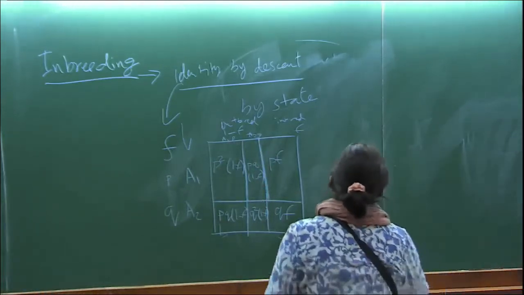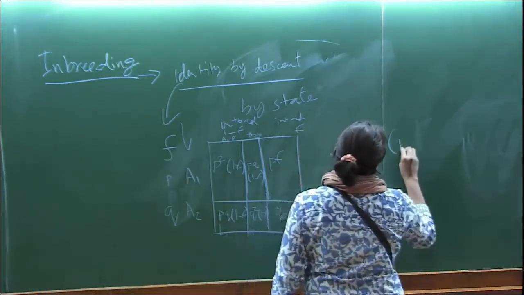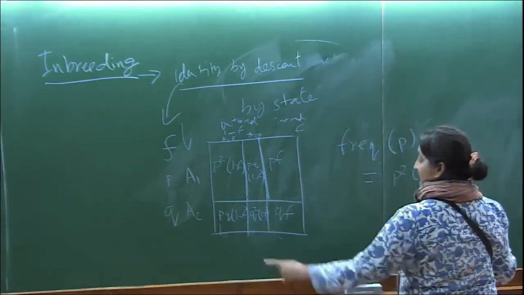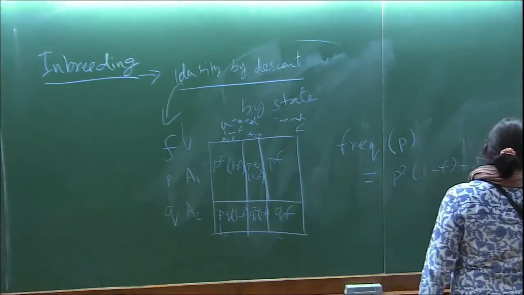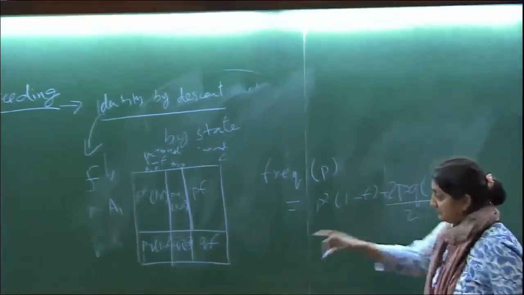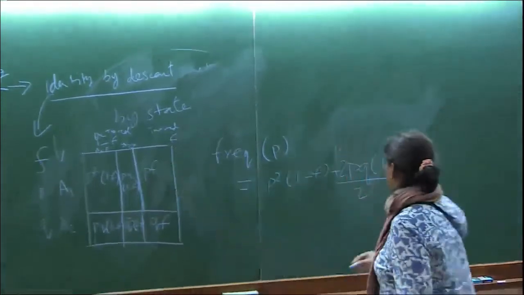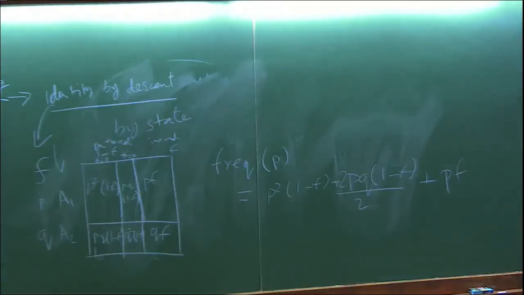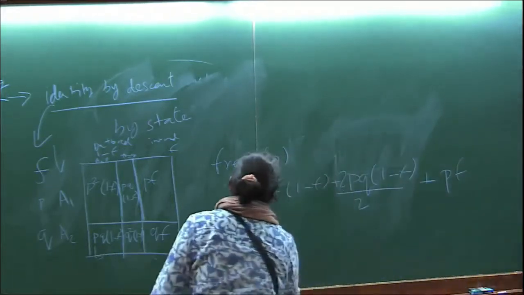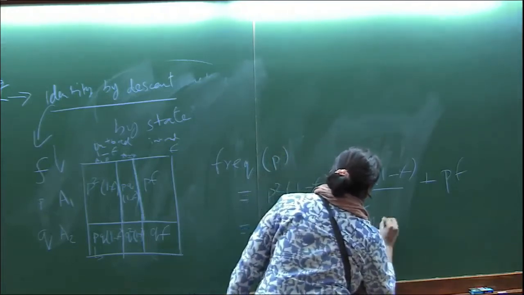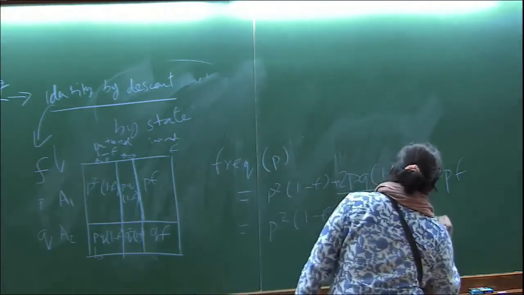So now, if you wanted to look at the frequency of P, it's P square 1 minus F plus PQ 1 minus F plus PQ 1 minus F, by 2, because you have to take half, plus PF. Those are all the P's, right?